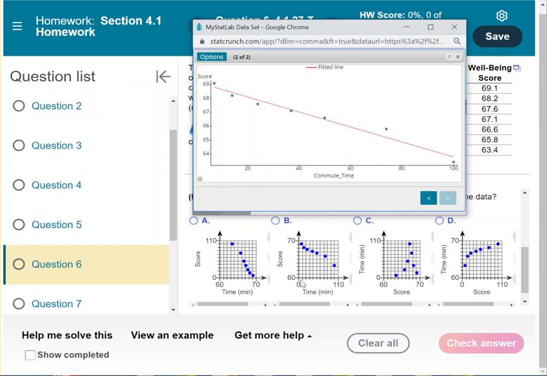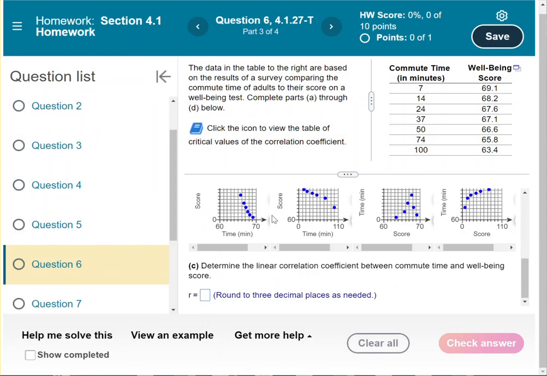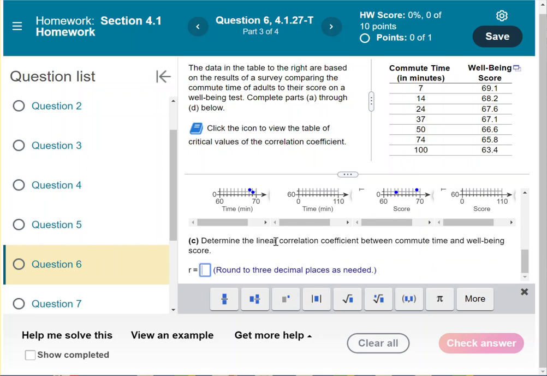Well, I guess that's not too much different, but you can see that it looks like it's going to be this one here. So let's go ahead and choose B. Then it says determine the linear correlation coefficient between commute time and well-being. Well, we found that that was negative 0.981.